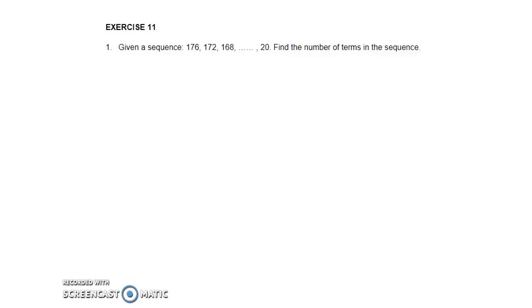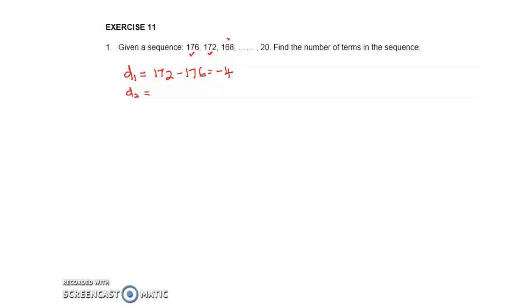Let's say, for example, I test the common difference. Let's say I put D1, the common difference, T2 minus T1. So 172 minus 176 equals -4. I test another value, D2, to determine whether the given sequence is arithmetic or geometric.